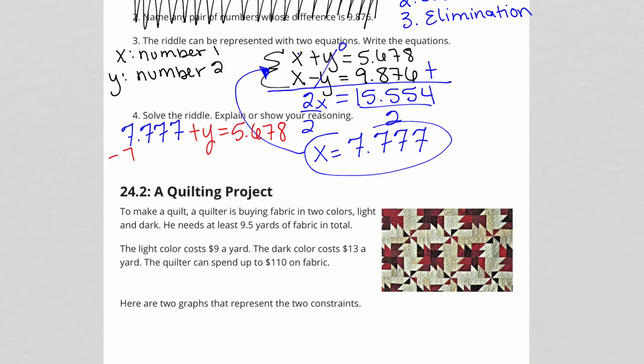Then we subtract the 7.777 from both sides, and we get that y is equal to negative 2.099. Okay, so this is going to solve this riddle. So the x, or number 1, is 7.777, and the y is negative 2.099.